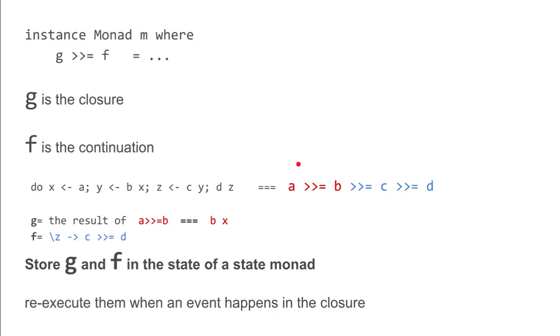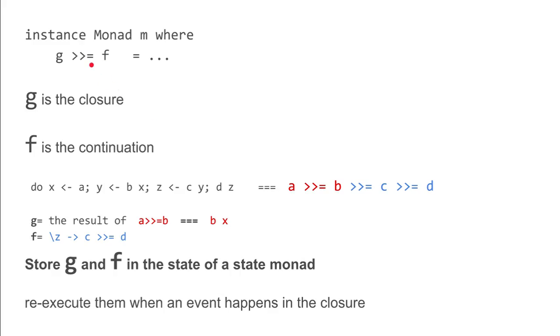Let's look with more detail. A monad instance in Haskell is like something. The bind operator is defined with something like this. This is the bind in Haskell. G is the closure and F the continuation. Whatever we are talking about, the first operand is what has been executed until now, and this is the rest.